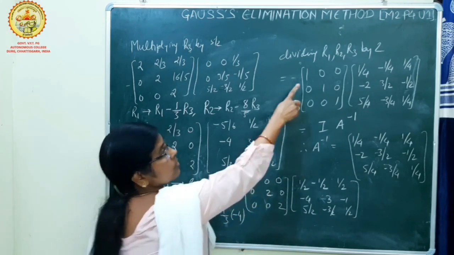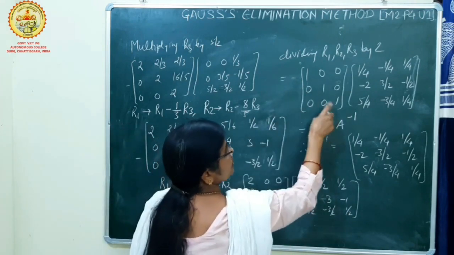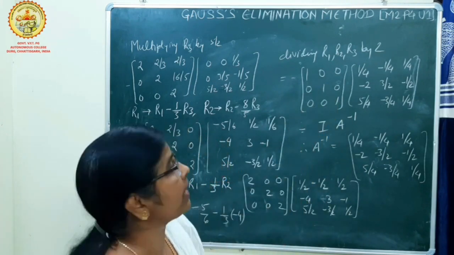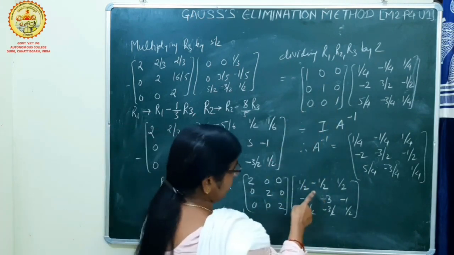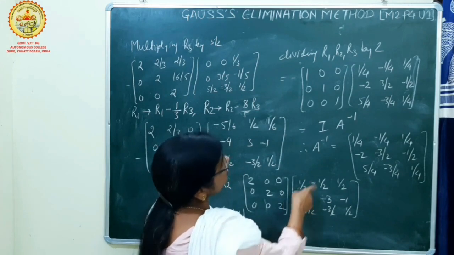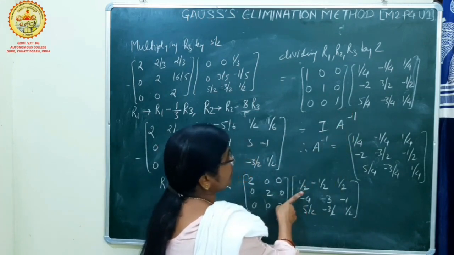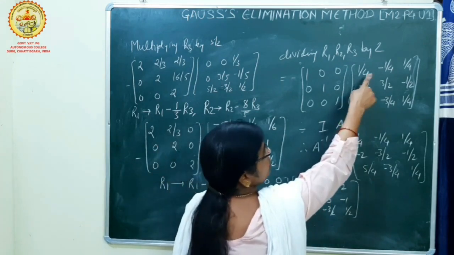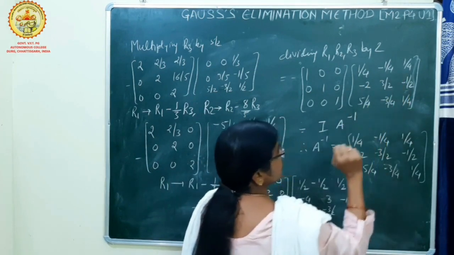So we get 1 0 0, 0 1 0, 0 0 1, that is an identity matrix. And now dividing this matrix by 2, we get 1 by 4, minus 1 by 4, 1 by 4.